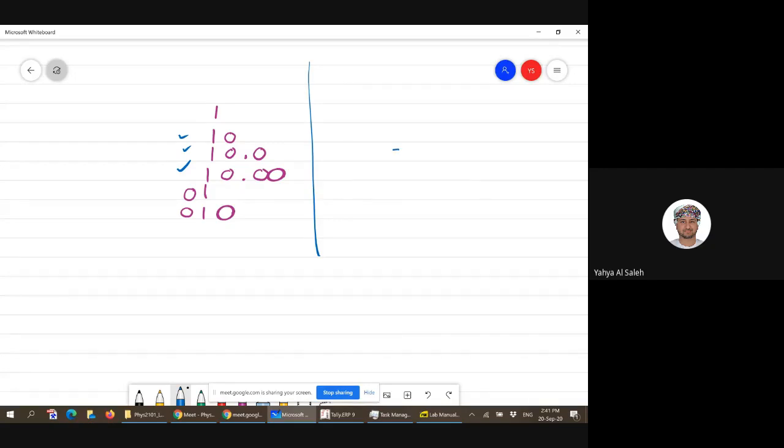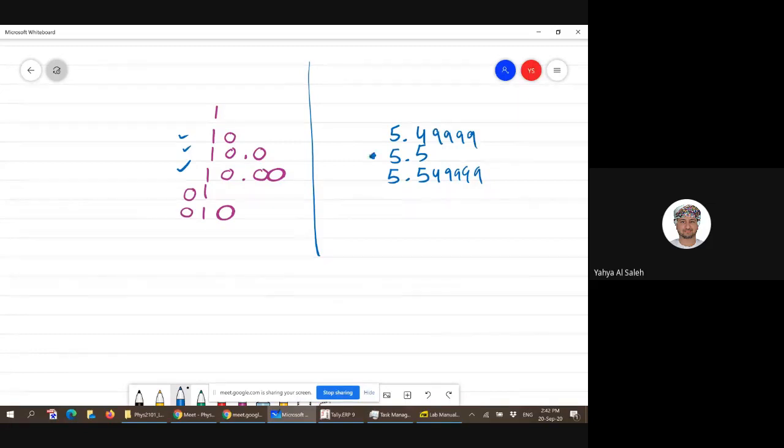When I say, for example, 5.5, it can really be anywhere between 5.45 and 5.54999. If I round this, it will still be 5.5. So when I write 5.5, what I mean is it can be anywhere between these two numbers.